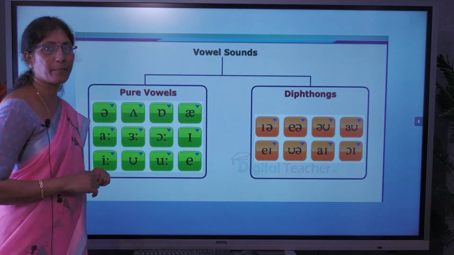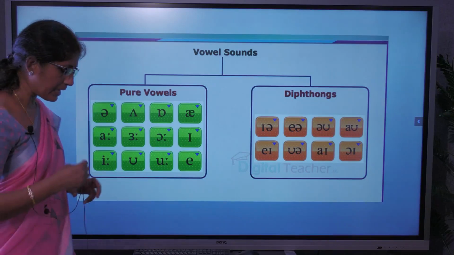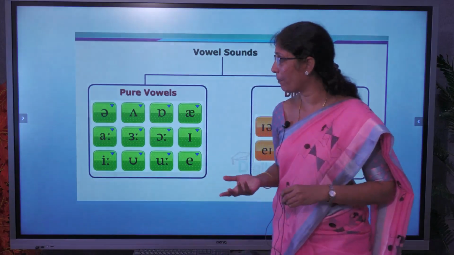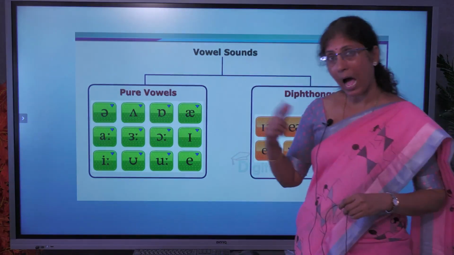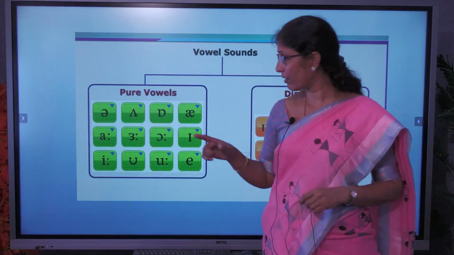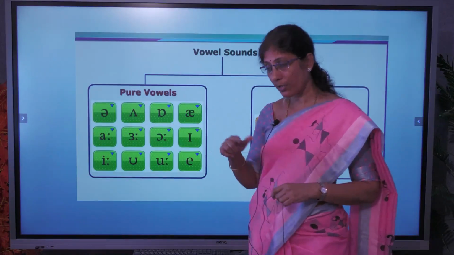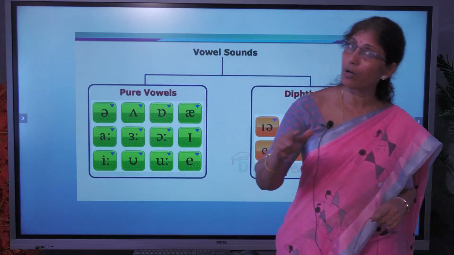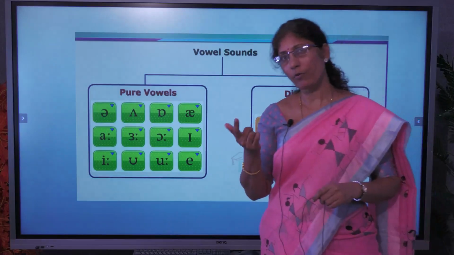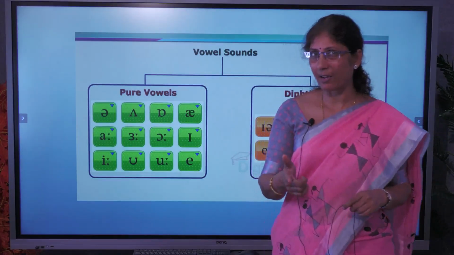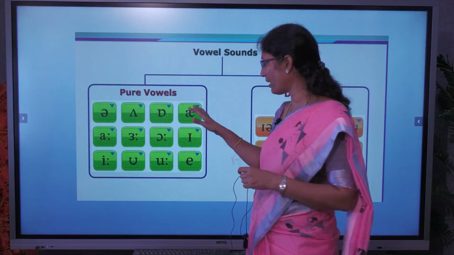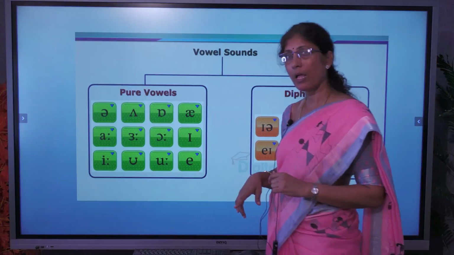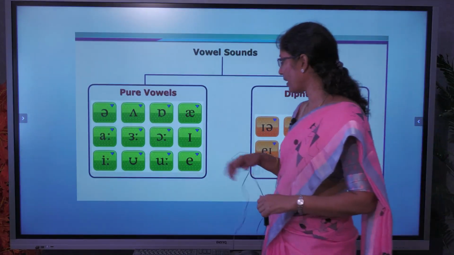This is 'a' as in cat. How do you write cat or apple in Telugu? You would have to write 'yapple', but it is not exactly that. We can't write this sound in Telugu. This is 'a' as in apple, map, nap.